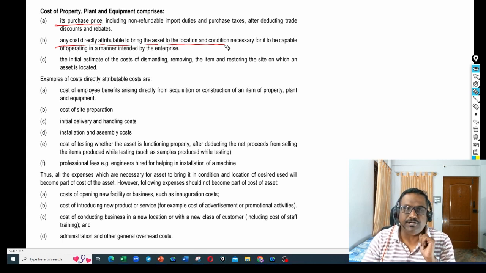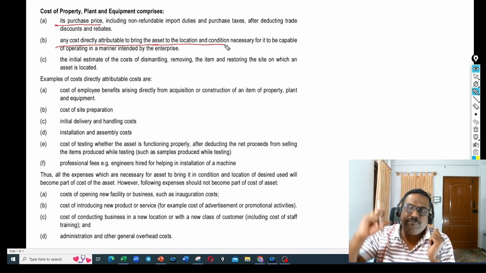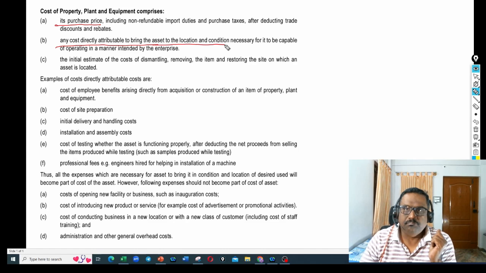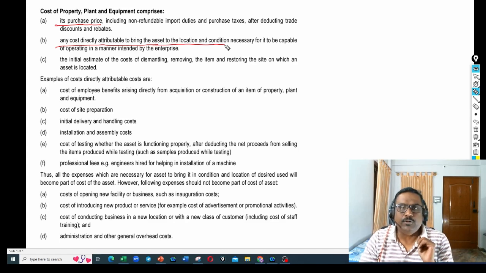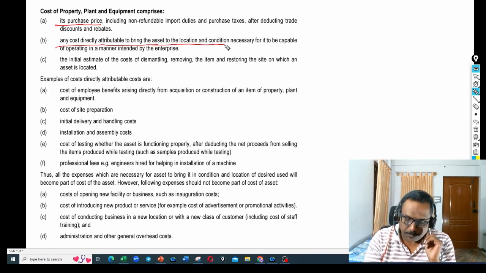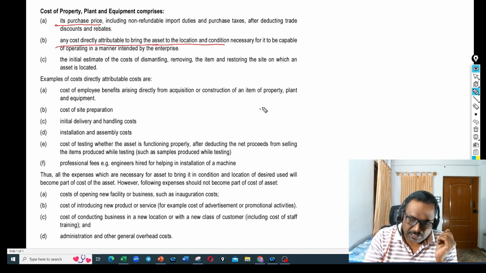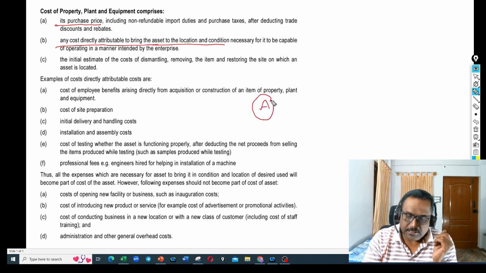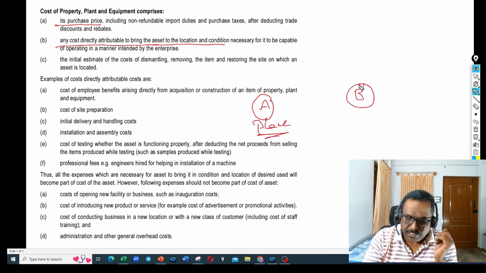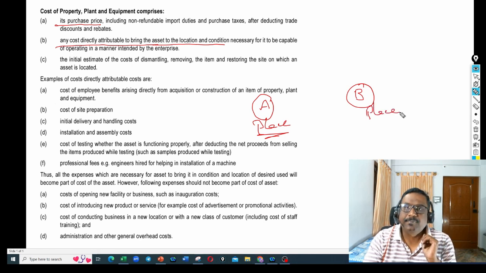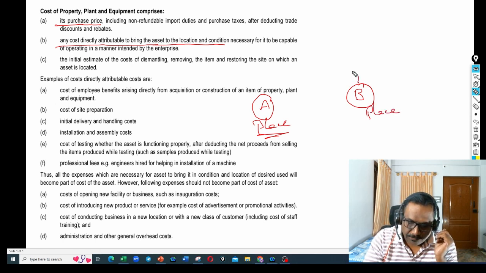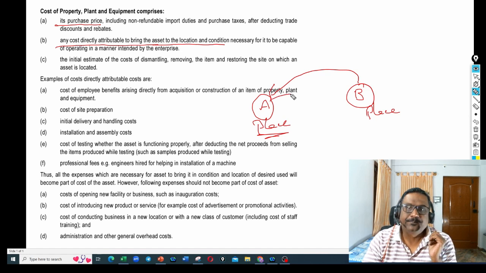This is very important. My asset was purchased in a different location. My site is located in a different location. Suppose my site is located at A place, and I purchased a machinery at B place. So I need to bring this asset from B place to A place, right?